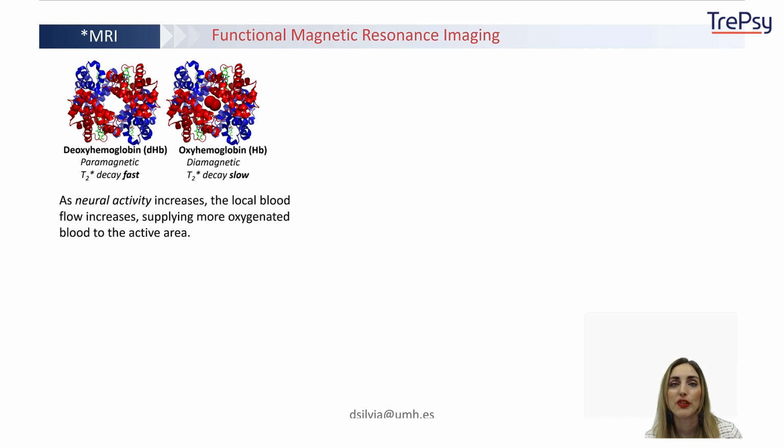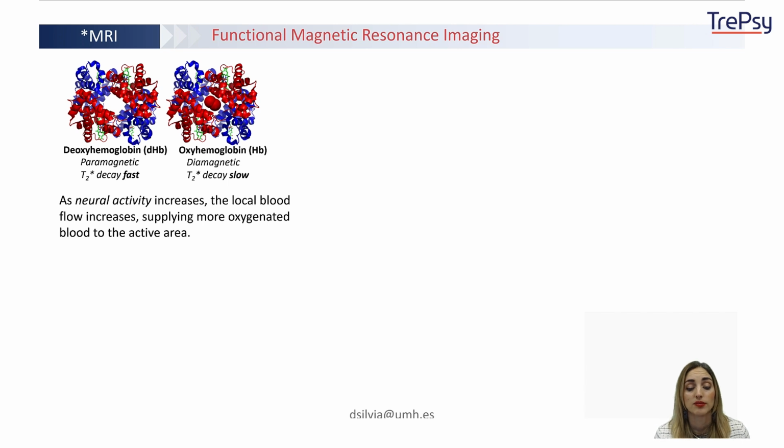One very interesting and very relevant contrast that can be accessed is the contrast that is recorded in the brain, where there is a flow of oxygenated blood related to that area of the brain being active.